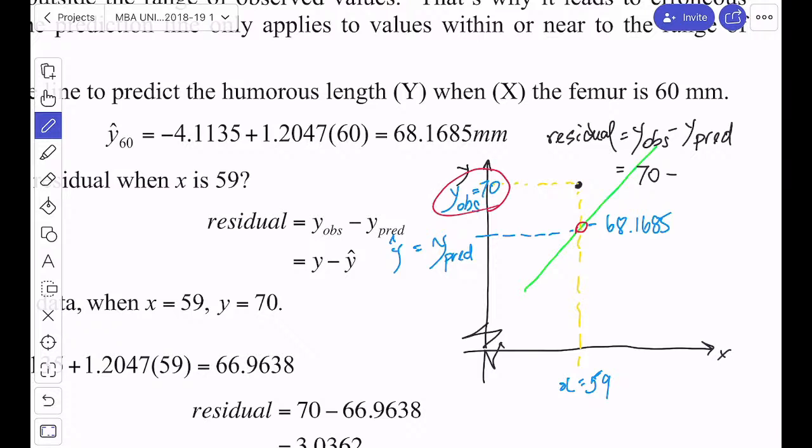So y observed is 70. And y predicted is 68.1685.